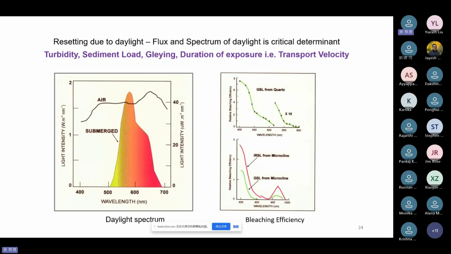So these things change the amount of sunlight and net bleaching seen by the sample. And I've given you an example here that if you look at the spectrum of sun and the daylight in the air, and the same underwater about a meter or two, you find that both the high energy and the low energy parts are gone.